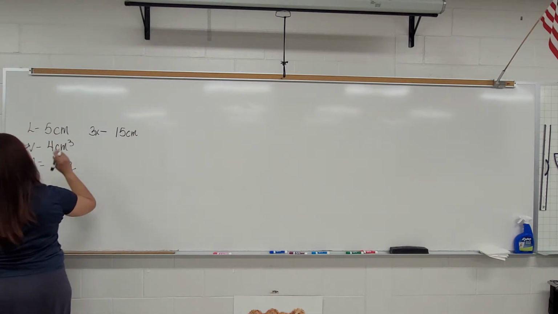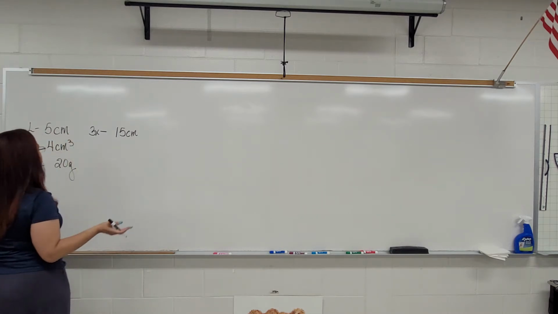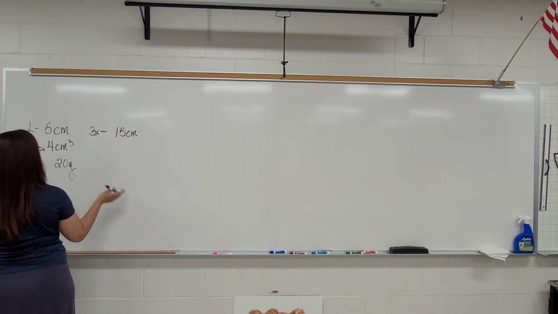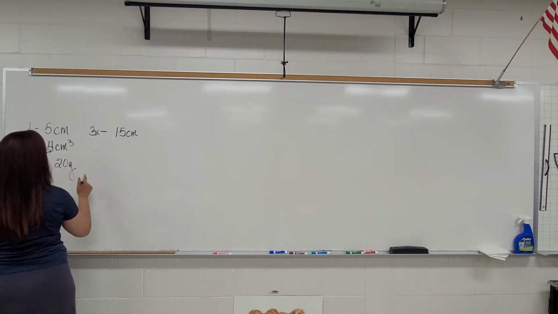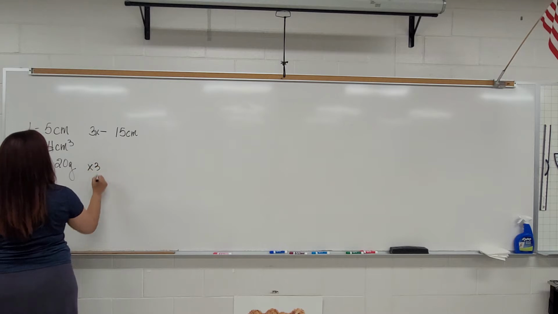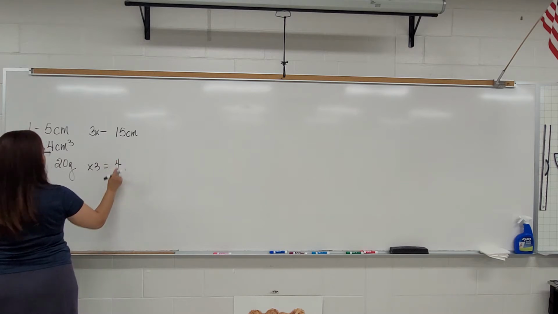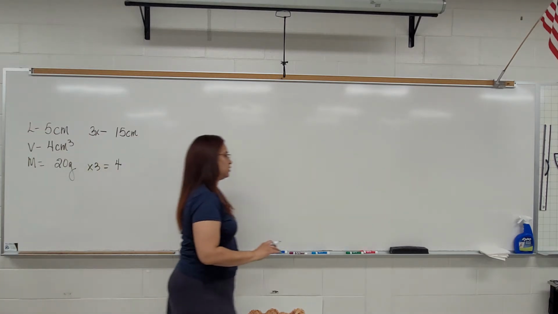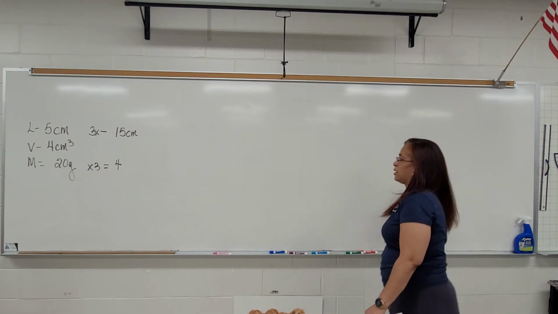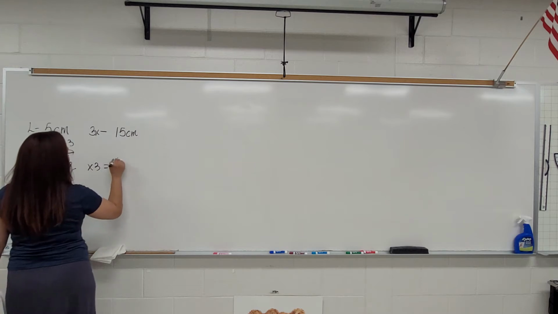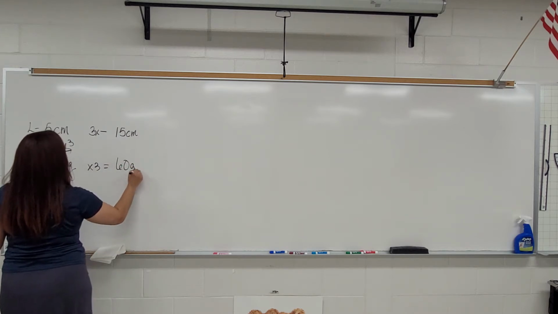If it is 5 centimeters long and the rod is uniform and it's got a mass of 20 grams, then the mass is going to be 3 times as great as well. It will be 60 grams.